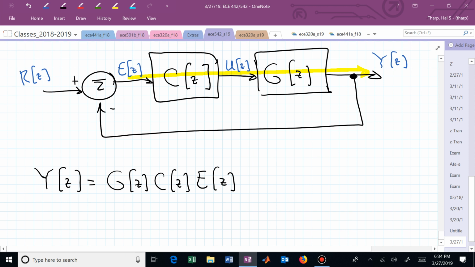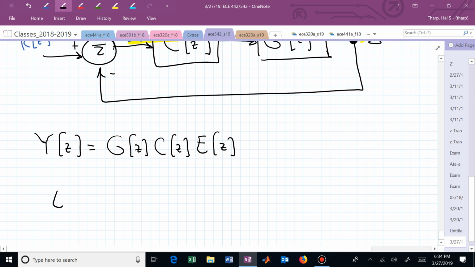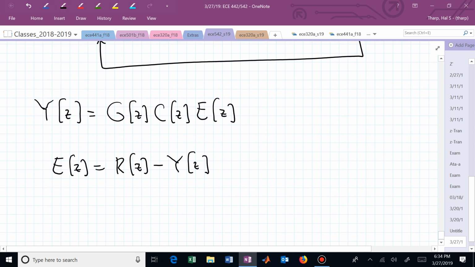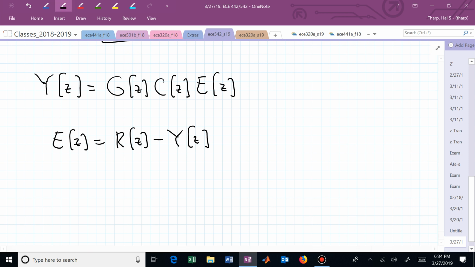But what is E of z? E of z is just R minus Y. E is the output of that summing junction. E of z is now R of z minus Y of z. And we know what Y of z is.